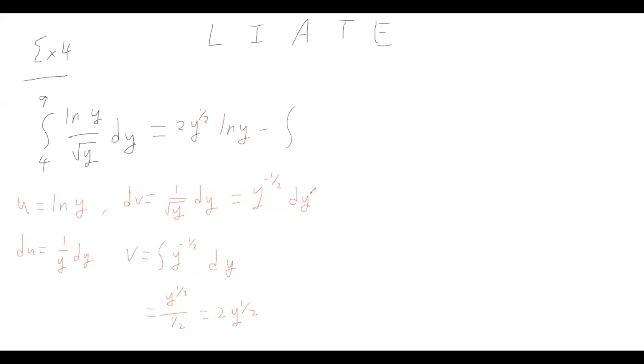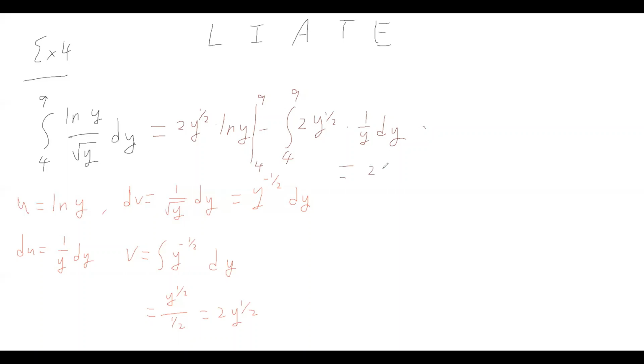v du, right? So that's 2y to the 1/2 multiplied by 1 over y dy. And we are evaluating from 4 to 9. Also this part as well, 4 to 9. Okay. But we're going to evaluate it at the end. Let's just keep going.